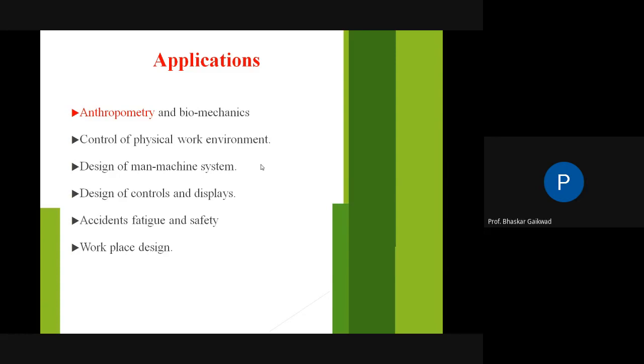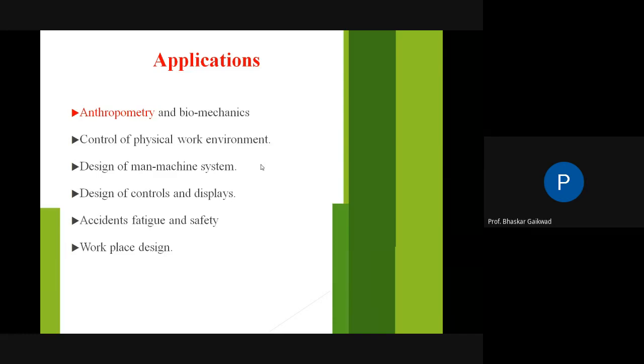Anthropometry indicates the measurements, and biomechanics means our body has different types of joints, and there are relations with the working of mechanics. If you work as per the capacity of our joints, no problems will be there. If more strength is required, then sometimes stresses will get developed.